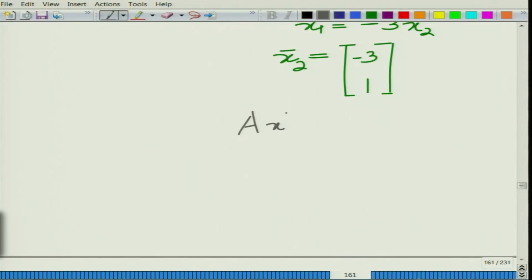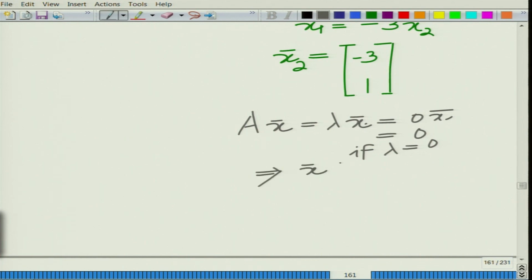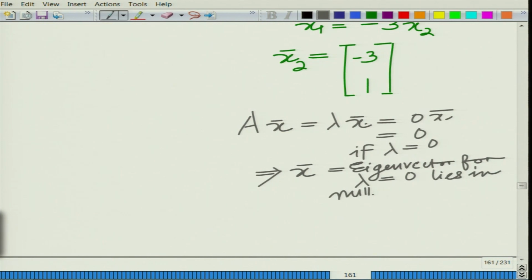So A x bar equal to lambda times x bar equal to 0 into x bar equal to 0 if lambda equal to 0, which means x bar, the eigenvector for lambda equal to 0, lies in the null space of A. Okay, so it's a straightforward result.